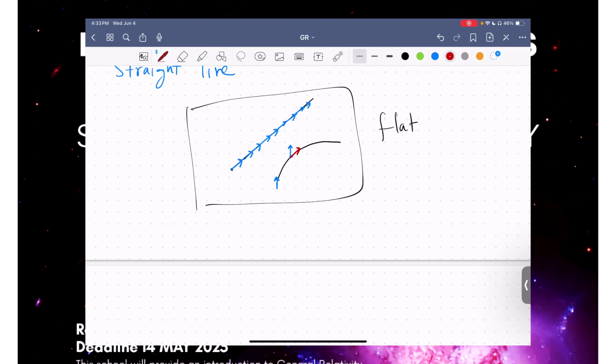So what's happening here is that this vector, which was tangent here, if I parallelly transport it along this line and it comes here, it is no longer tangent to this line. But here, if I parallelly transport this tangent vector anywhere, it will again be a tangent to this line. So this is how we want to define a straight line.